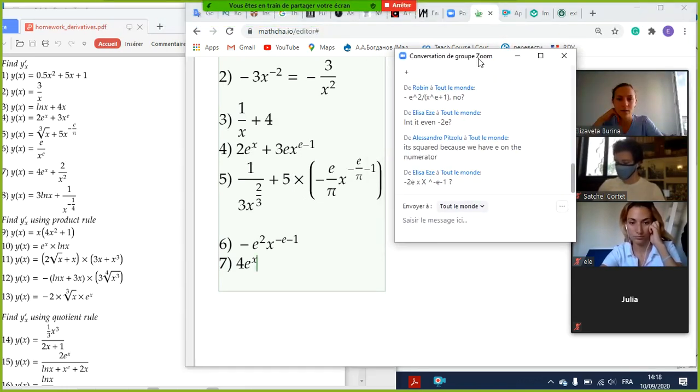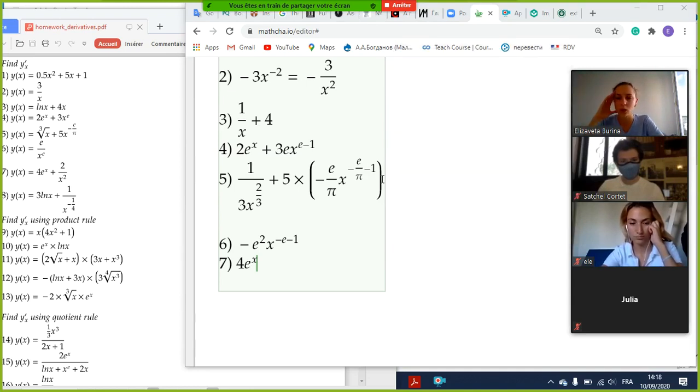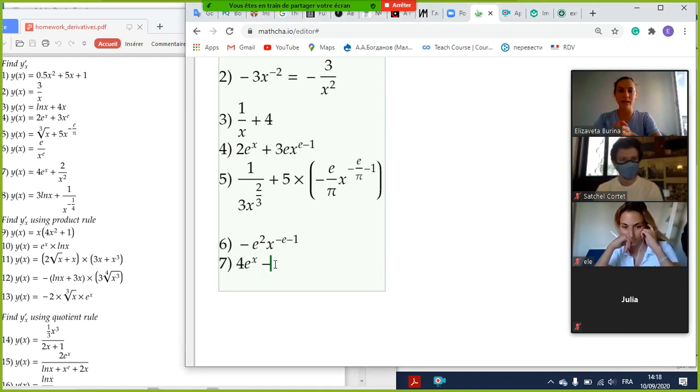Minus 2 e. No, it's not minus 2, because we have e times e. Good. Now here, okay, I know. So 2 is a coefficient, minus 2 is a power.